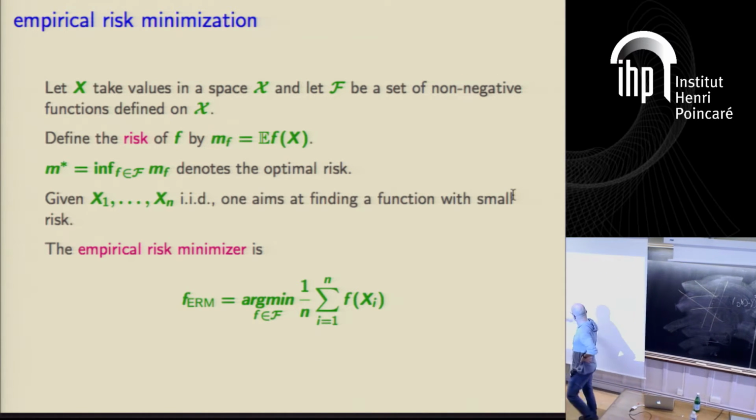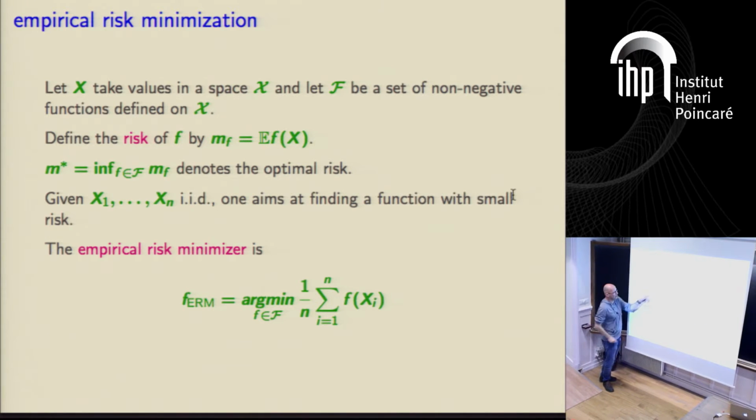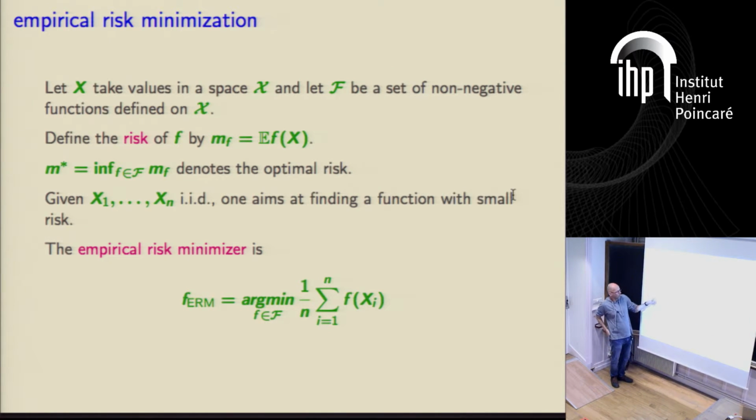Now, of course, we don't know what these risks are. All we have is an IID sample, and we would like to find a function with small risk. So what can you do? You estimate the risk of each one of those and minimize that. This is called empirical risk minimization. It is everywhere in statistics and statistical learning.